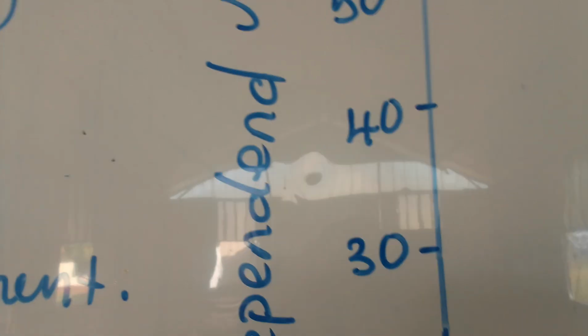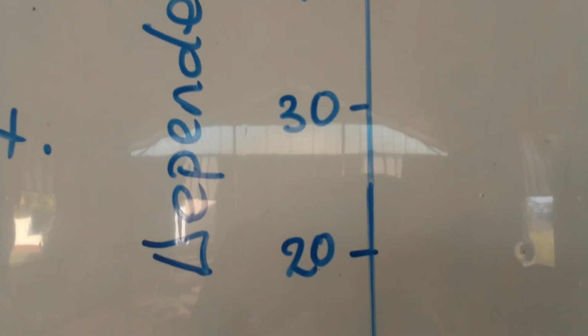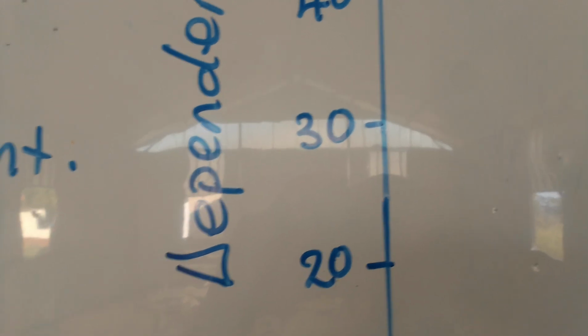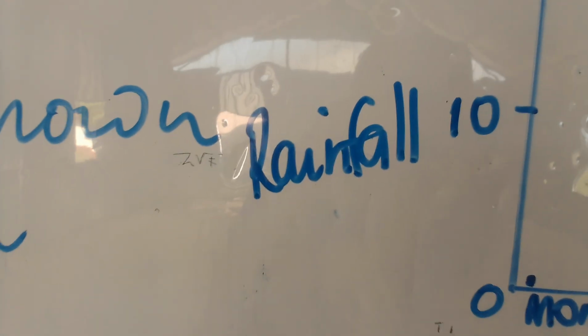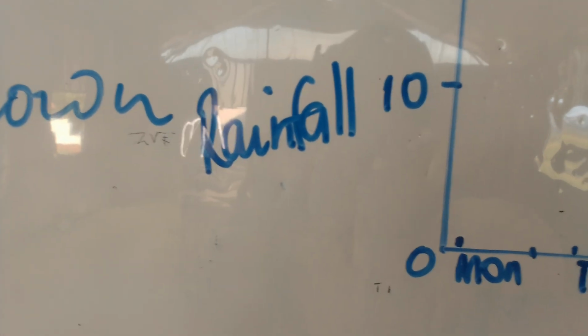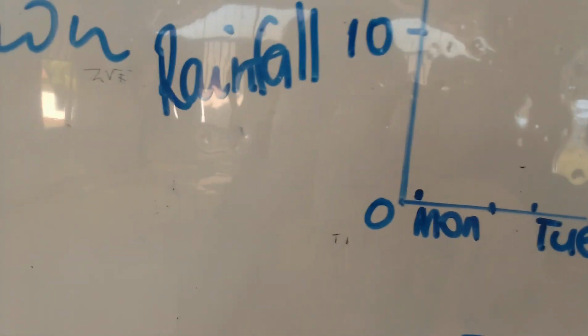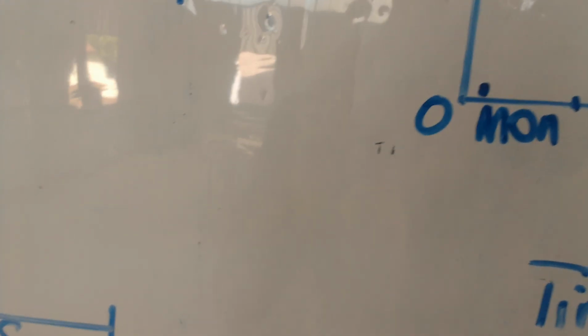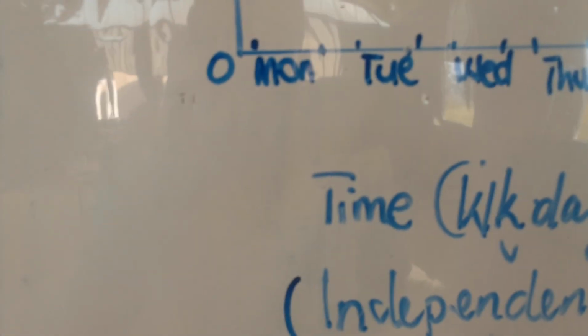Considering what is on my table, the highest number is 80, and the smallest number is 10. So you should consider the highest digit on your table and the lowest digit. Those two determine my scale.